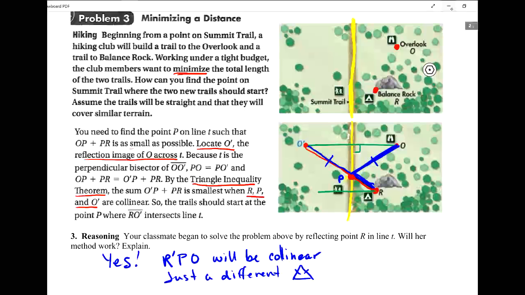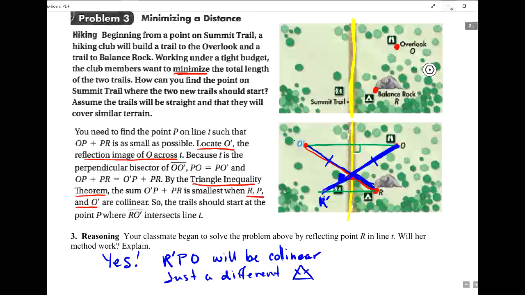Well, yes, of course, because all that's going to do is make R prime over here collinear with P and O, instead of O prime being collinear with R and P. So it's just a different isosceles triangle.